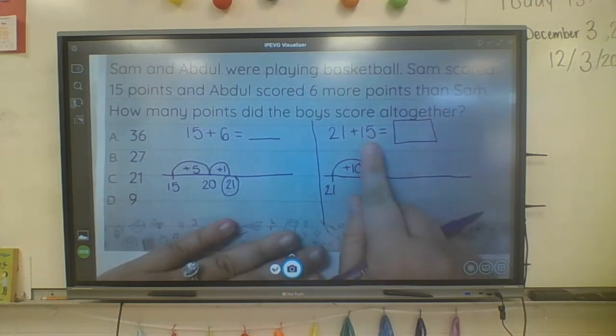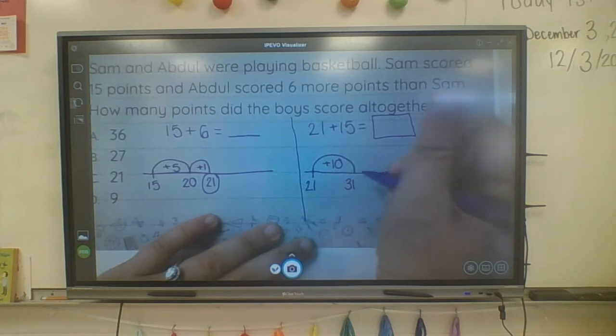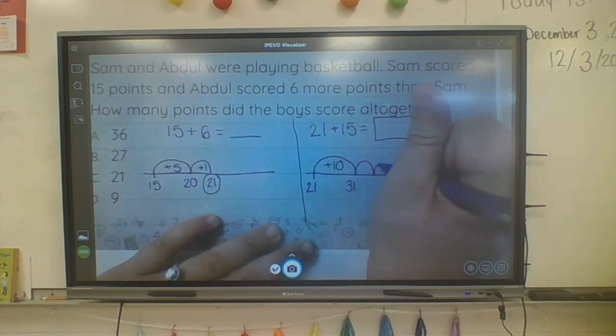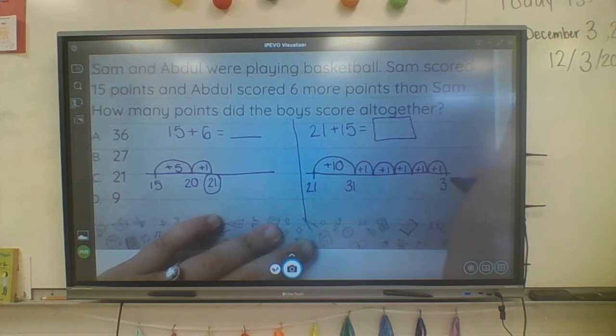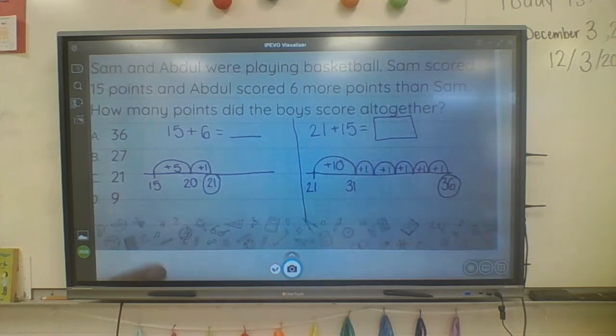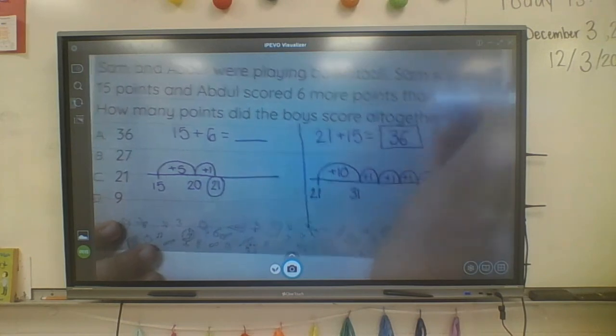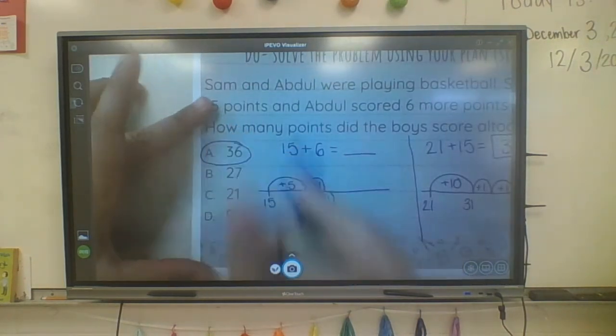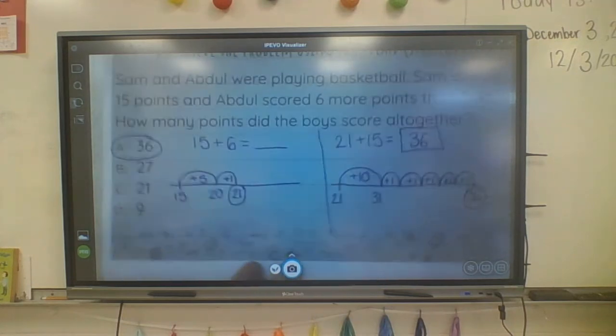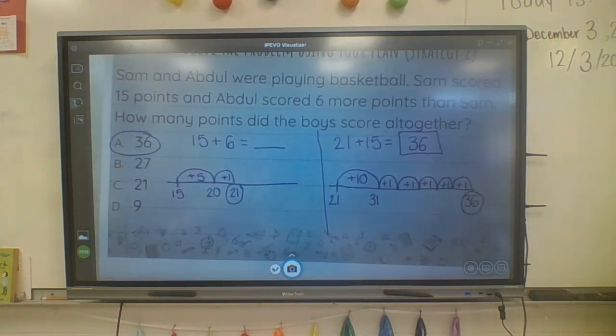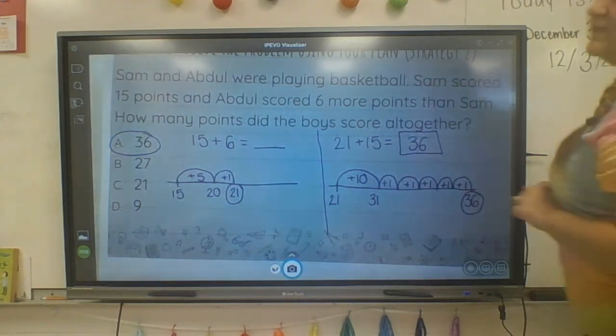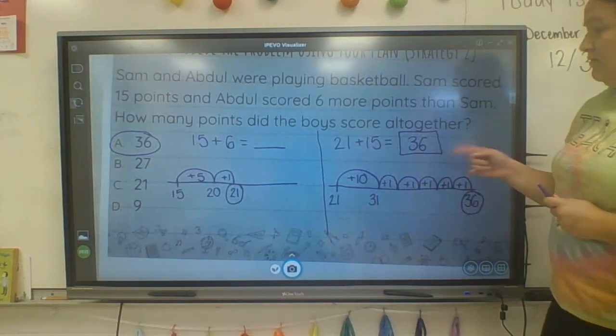And then I could jump a whole 5 from the rest of my 15, or I can count by ones. So I'm going to go by ones. 2, 3, 4, 5. These are all plus 1. And then when I count up, I would get 36 as my answer. So as you can see, A, 36 is my answer. And either strategy, using a number line or using decomposing, will get you the same answer of 36.